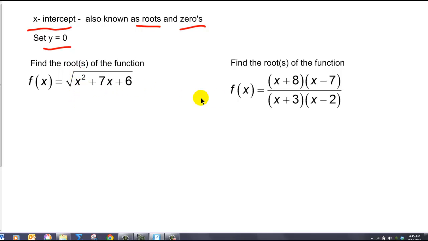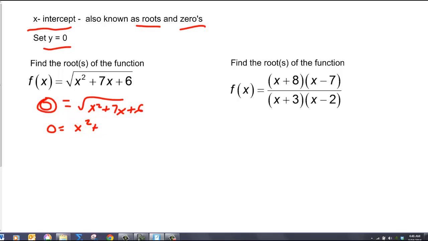So if we want to find the roots or the zeros of these two functions, we set the y equal to 0. We know f of x is equal to y. So in this case, we have 0 is equal to the square root of x squared plus 7x plus 6. Square both sides, continues to give us 0.